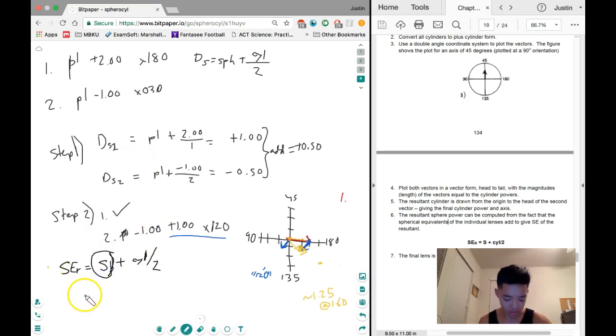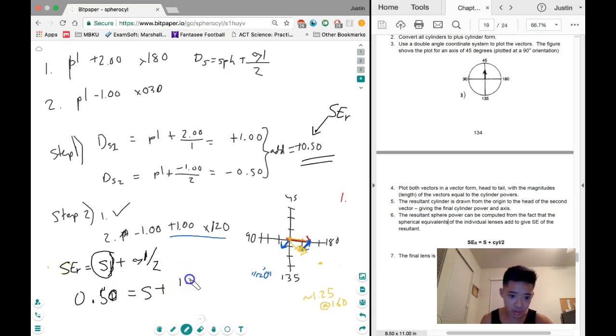So in this example, the spherical equivalent was this, remember? So why did we do this in the first place? This is your SER. So you're going to say 0.5 equals S plus 1.25 over 2.